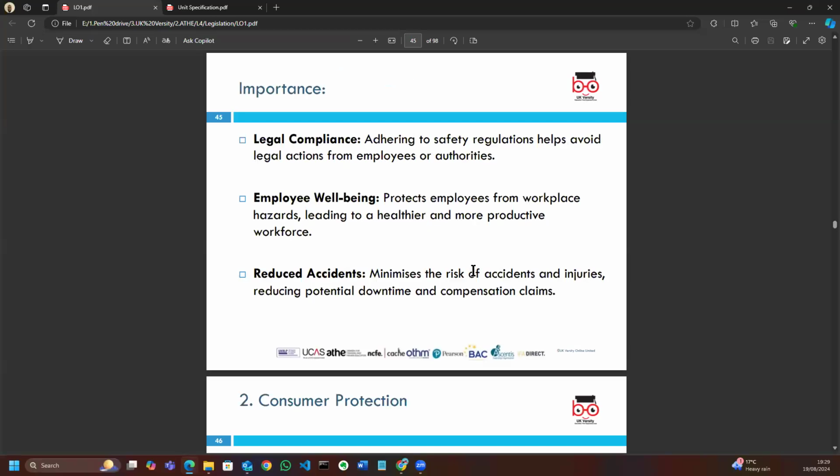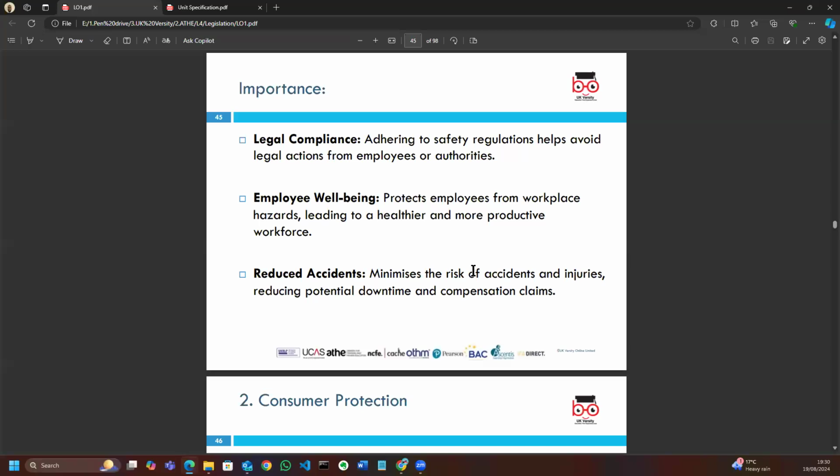So what is the legal compliance? This is for the safety regulations, which are going to help avoid legal actions from employees or authorities. Employees' well-being is also covered, where it's going to protect employees from workplace hazards, leading to a healthier and more productive workplace.